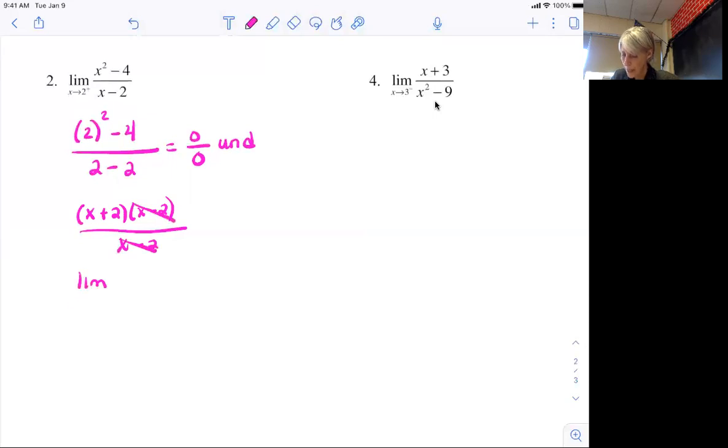The limit as x approaches 2 from the right of x plus 2 is going to be, now when I plug in 2, I get 4. So I got an answer. And what we know about the behavior of rational functions, this means there's a hole in the graph.